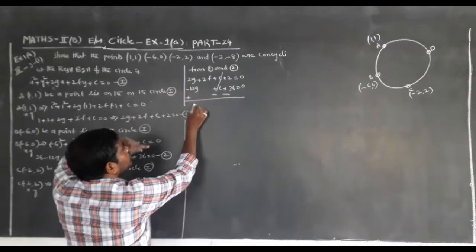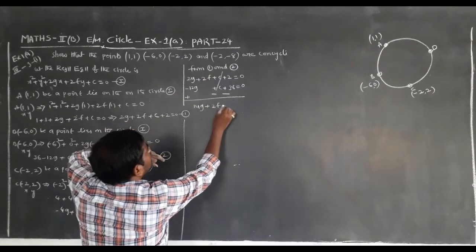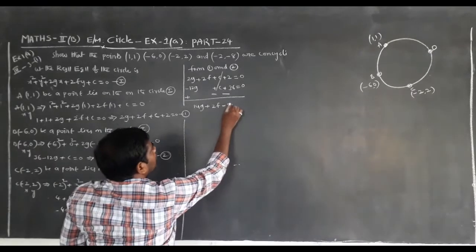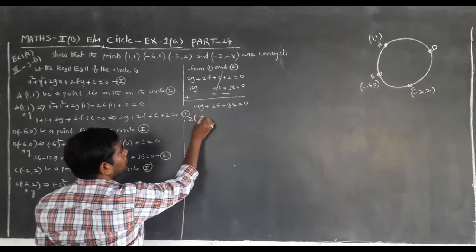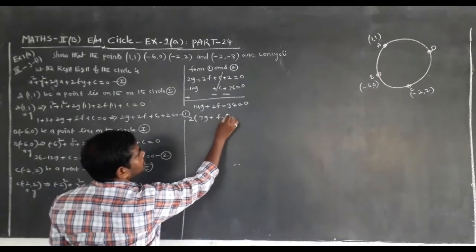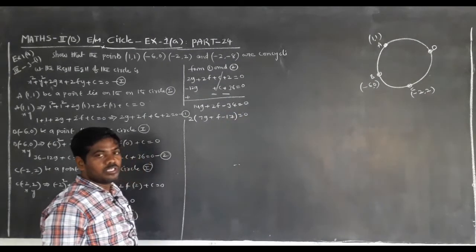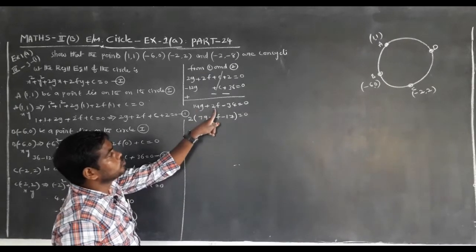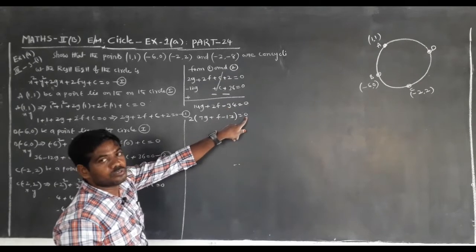12g plus 2g is 14g, plus 2f, minus 36 plus 2 is minus 34, is equal to 0. 2 common: 2 sevens are 14, 2 ones are 2, 2 seventeens are 34, is equal to 0.